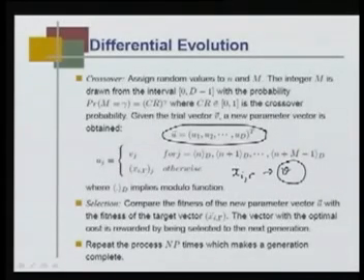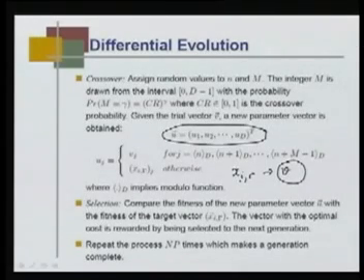Otherwise, I take the element from x into this. So, you see that the bigger is m, the less likely I will select it, and so this is the objective.